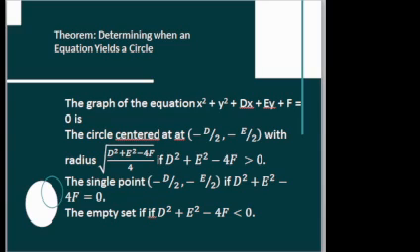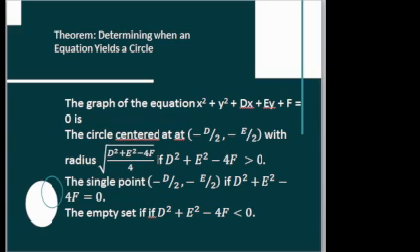The graph of the equation x squared plus y squared plus dx plus ey plus f equals 0 is a circle centered at negative d over 2 and negative e over 2, with the radius square root of d squared plus e squared minus 4f over 4.